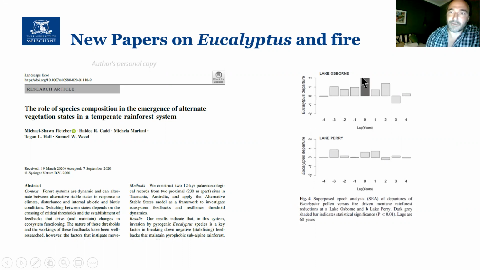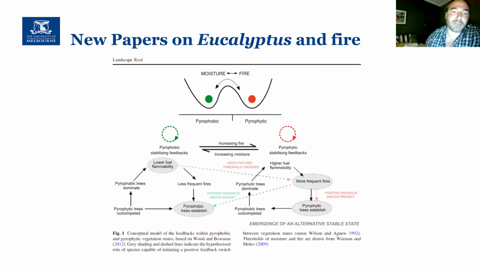You can see here at 0 lag years at the time of the fire, and within 60 to 65 years of the fire, you saw an increase in eucalypts at the site where rainforest collapsed and turned into a eucalypt forest, where that didn't occur no matter how many times it was burnt at the other site. And this enabled us to revise some ecological theory around the role of flammable species invasions when you get switches between alternative stable states, which you can have a read of yourself.